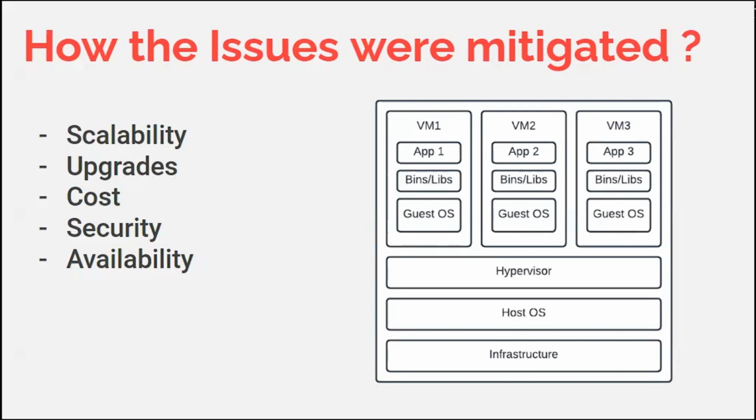So the hypervisor will virtualize the extra resources that we have available in the host infrastructure. And in the virtualized resources, we can install another OS, which will be facilitated by the hypervisor.